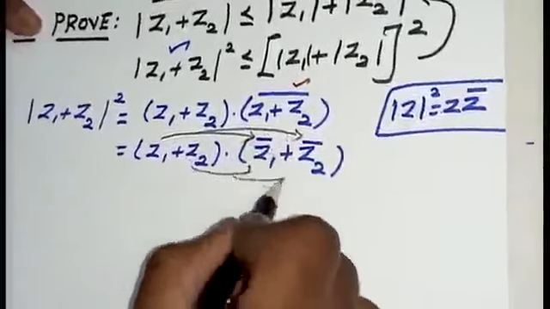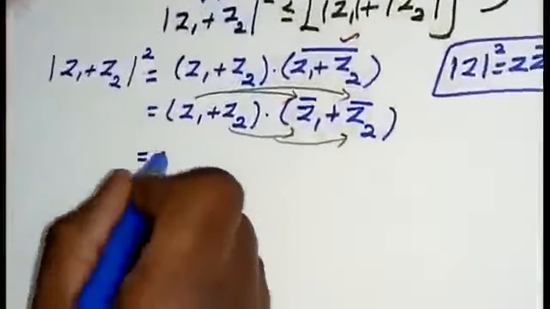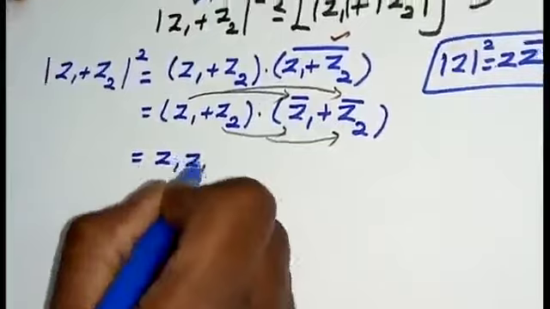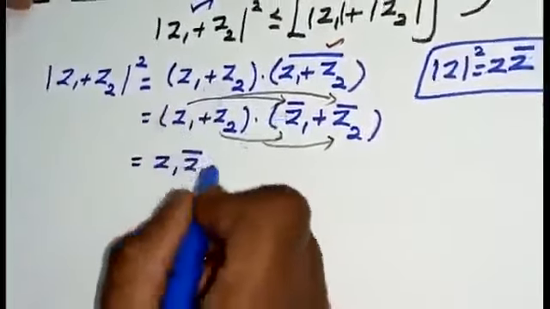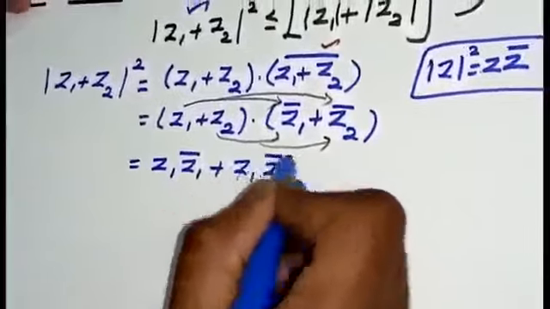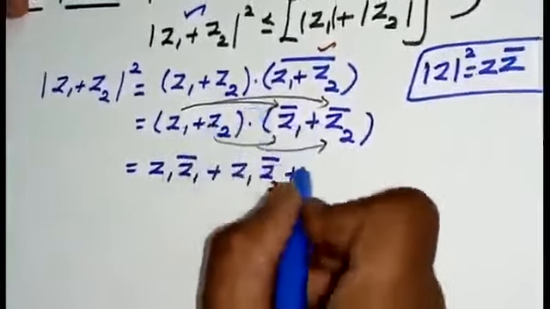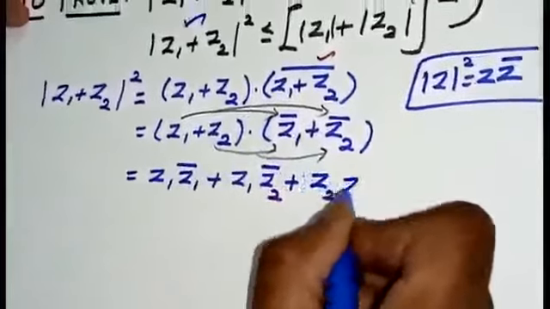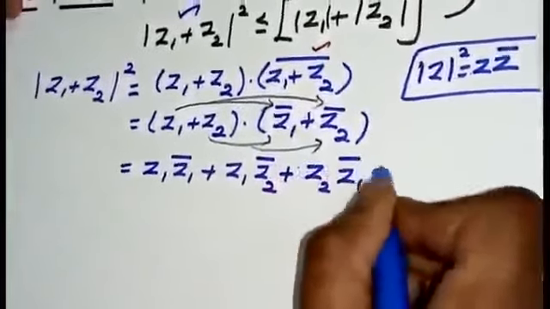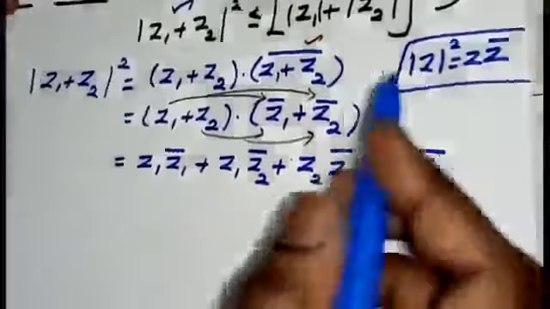Just see the terms how I am going to write: z1 z1 bar plus z1 z2 bar plus, without changing the order, z2 z1 bar plus z2 z2 bar.